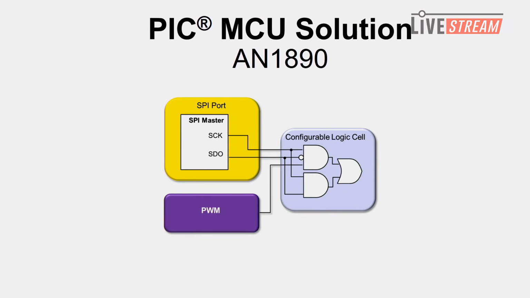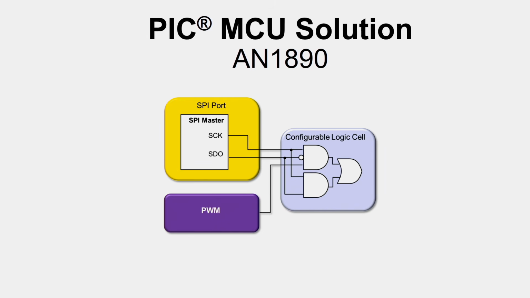So how did you actually get this to work on the PIC? What we do is, remember we talked about the CLC, the configurable logic cell, last time for the logic outputs. For viewers who may not know what the configurable logic cell is, it's a peripheral that has logic gates in it.